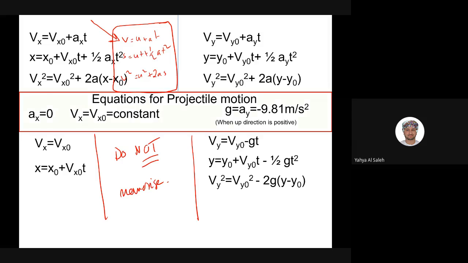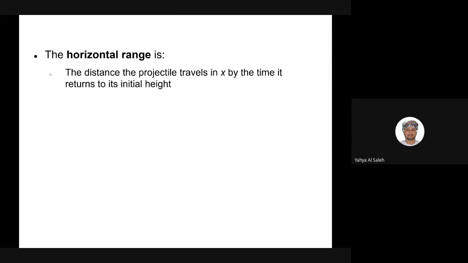Okay? So do not memorize this. It's all about application. Look, I took the exact same equation, put in x, put in y, did the application, and I got a whole bunch of new equations. If we try to memorize every single one of these, we end up with a nightmare. Okay. Now we have some cheating equations as well, and I will teach you.